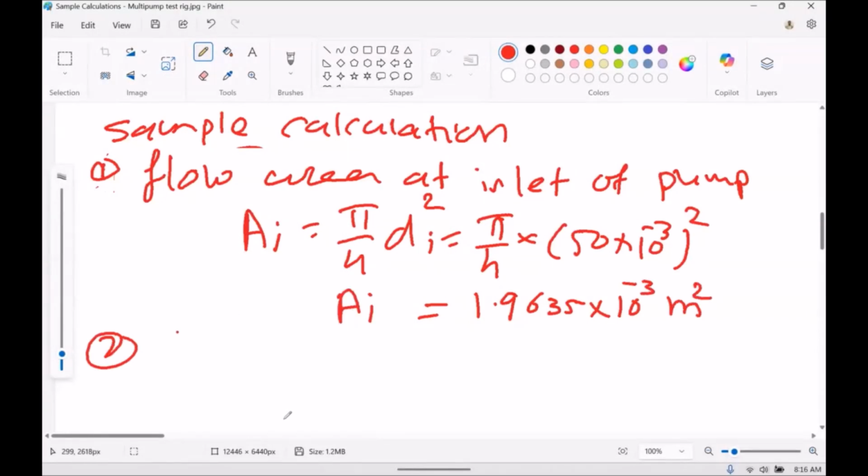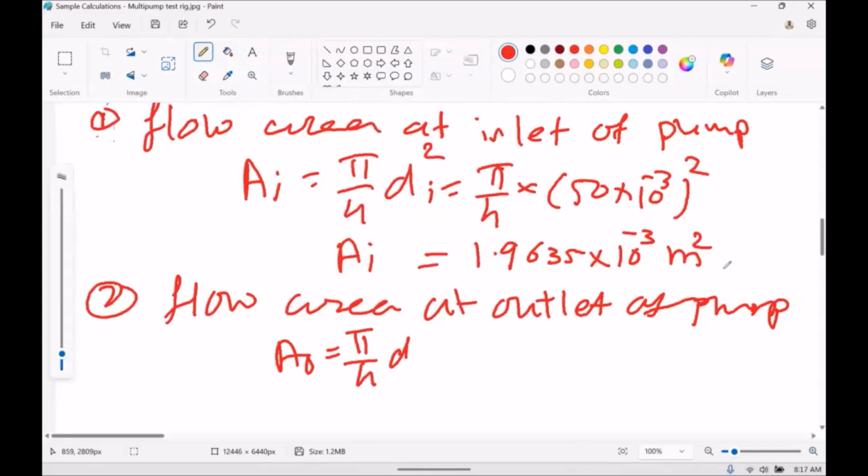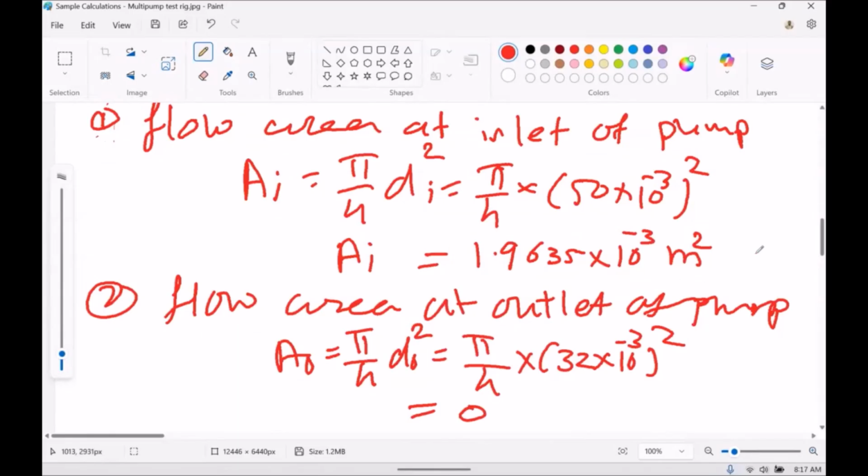Then number 2, I will find the flow area at outlet of the pump, with 32, as I wrote in the observation table, meter square, which is 0.8043 times 10 to the power minus 3 meter square.